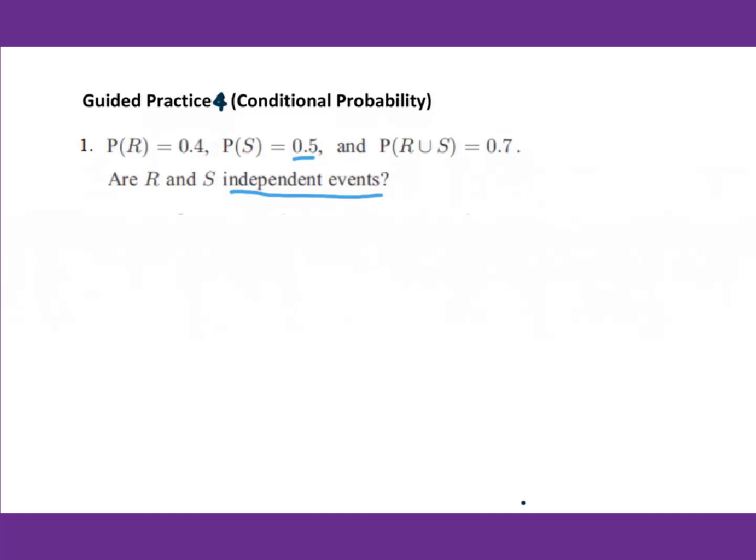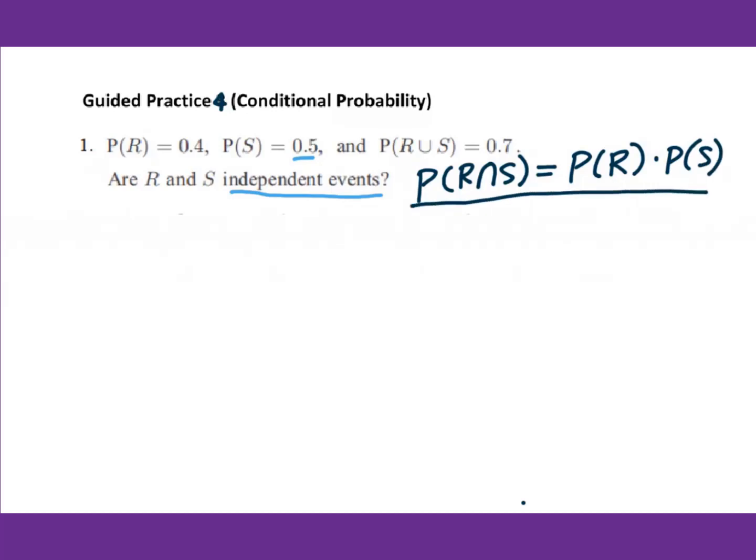You have to use this equation. The probability of R and S equals the probability of R times the probability of S. If this is true, then R and S are independent events.